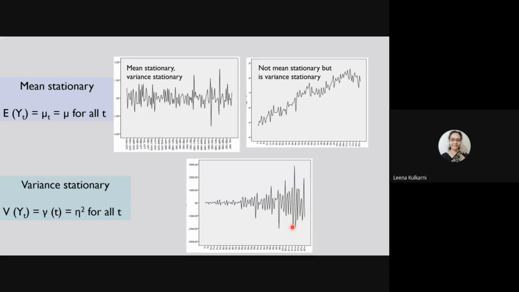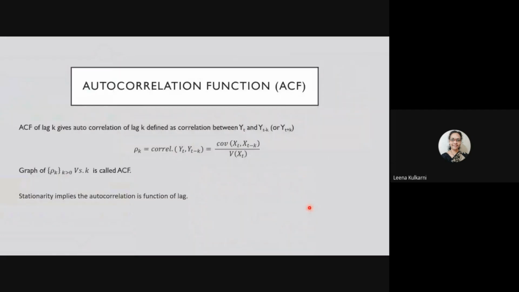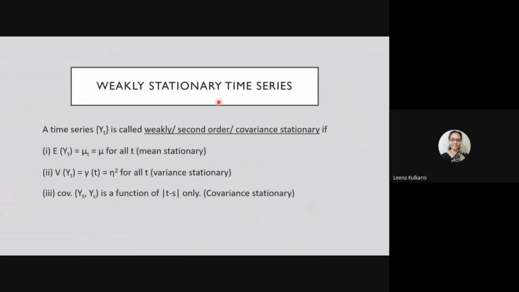And in this example, as we see, this data will be mean stationary but not variance stationary because the variability is increasing over time. Now, the methodology that we are looking at in this requires the assumption of stationarity, which is called the Box-Jenkins method of forecasting, and weak stationarity says the mean at time point t is the same for all t.